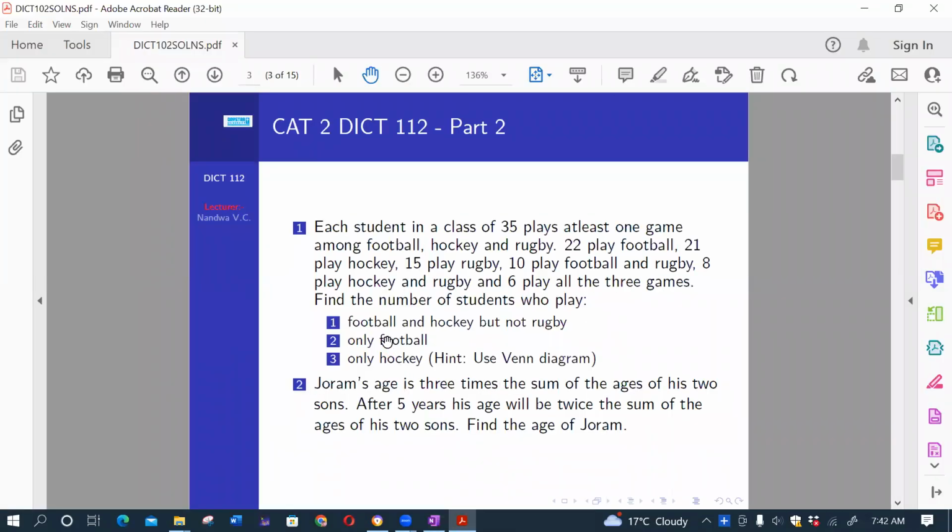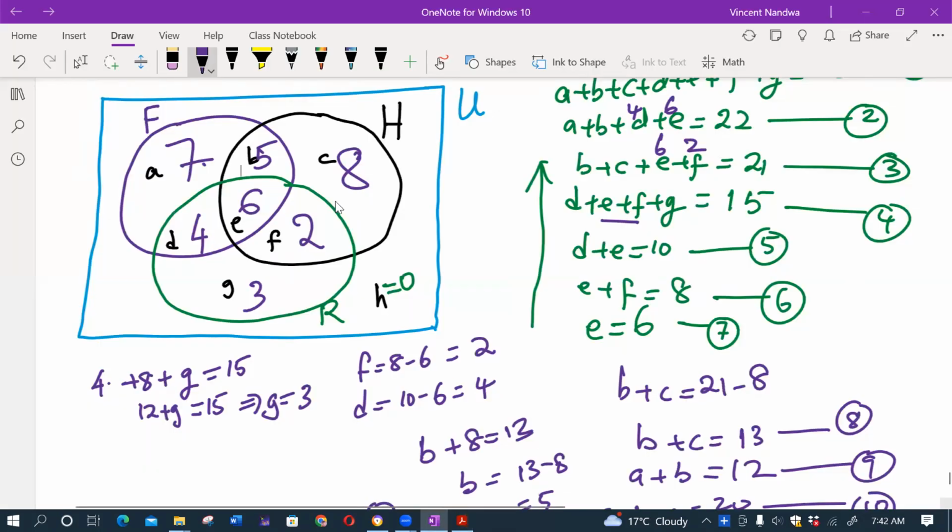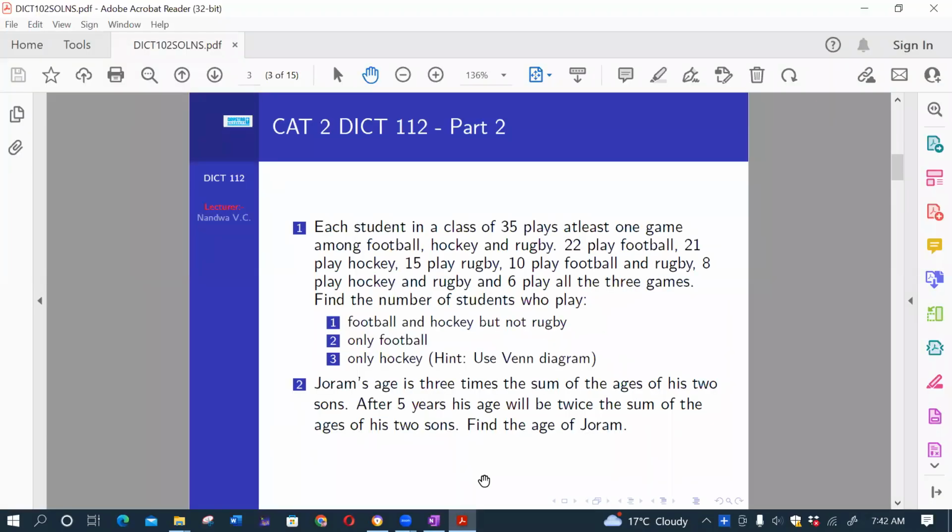Find the number of students who play hockey and football, but not rugby. Where F and H meet, we exclude the region that is counted in R. F meets H at these two sections, B and E, but there's a restriction, not rugby.